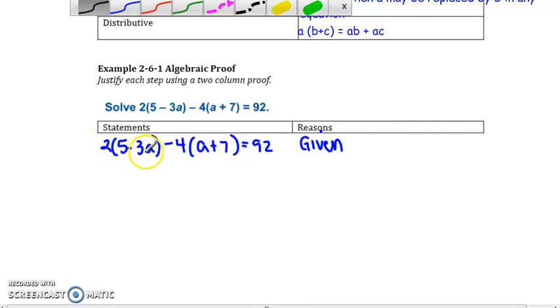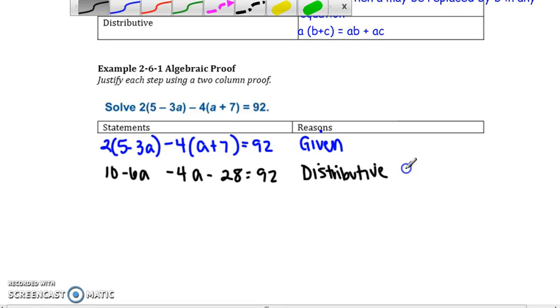For the next step, we would distribute. So 10 minus 6a minus 4a minus 28 is equal to 92, and our reason is the distributive property. Now we want to combine like terms on the left: negative 18 when we add up our numbers, negative 10a when we add up our variables.